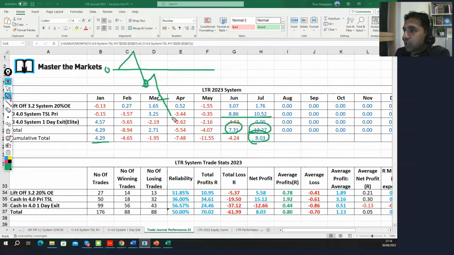It just took out this low to 4.24, didn't take out this high yet at 1.95 here. And then after that, in July, it shot up to 8.03, took out this peak as well.